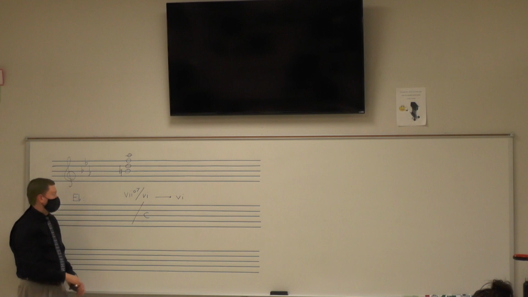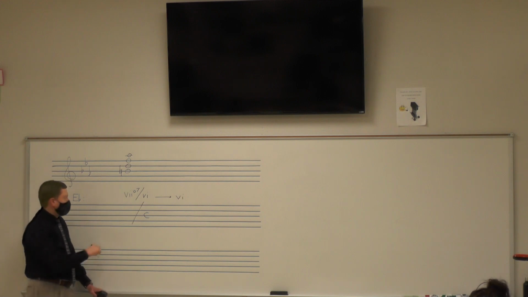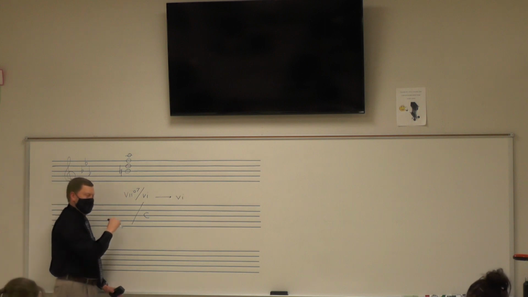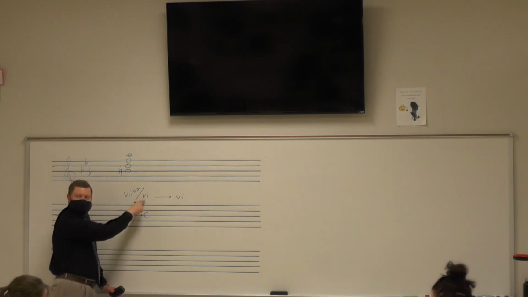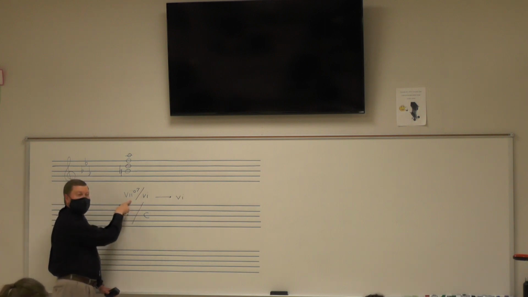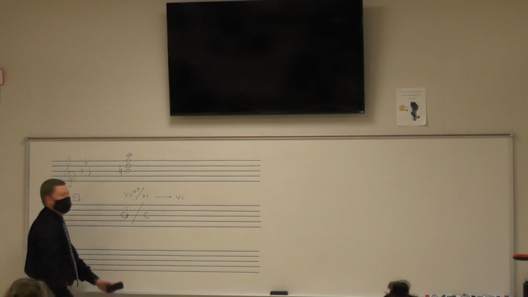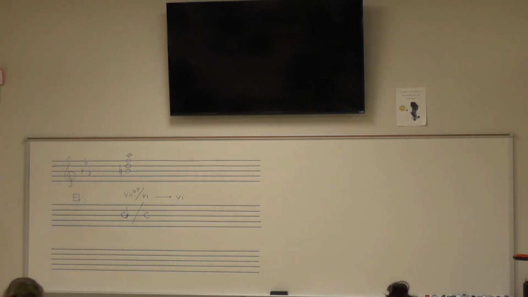Here's another thing that some students do. They're like, oh dude, the root of this chord is a C. So what's a half step below a C? Well, that means the root of this chord must be C flat.